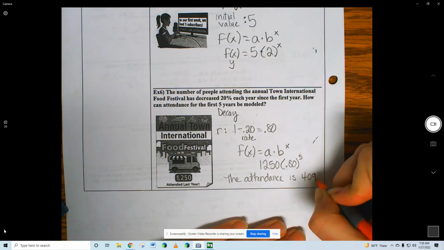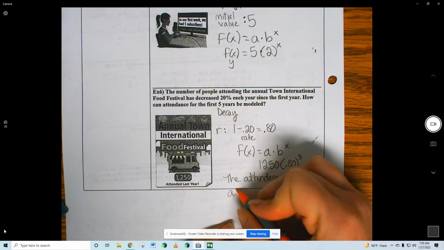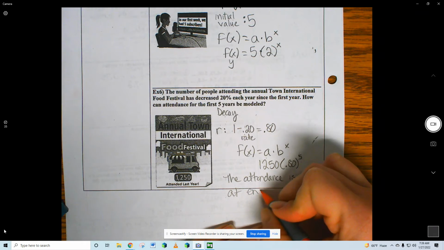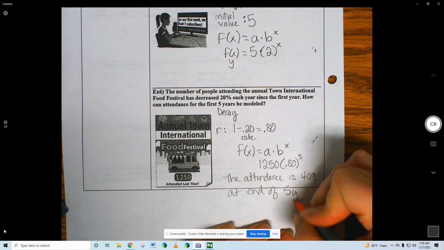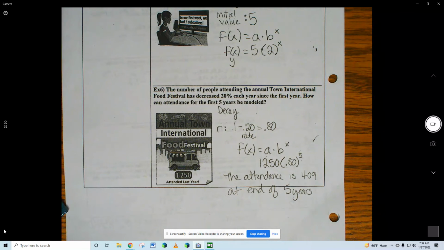The attendance is 409 at the end of 5 years. Okay? Big decreasing, right? That's not good.